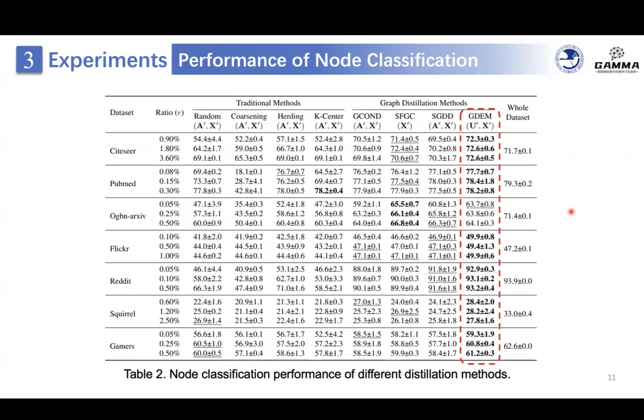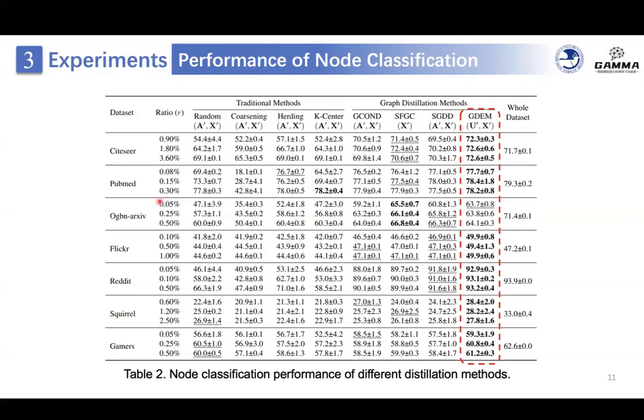Oh, sorry. The ratio means the number of nodes of the synthetic graph, proportional to the size of the original graph. And then I have a follow-up question.